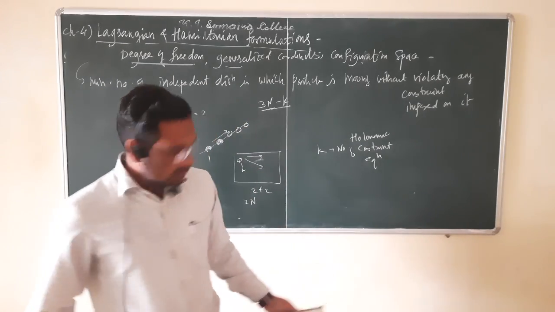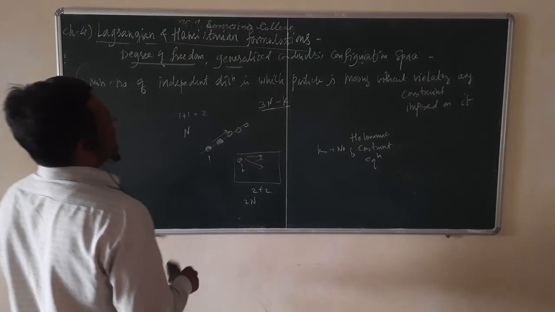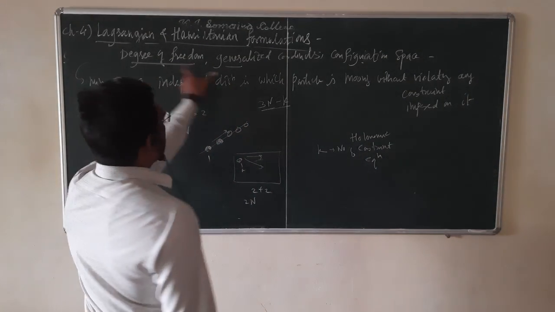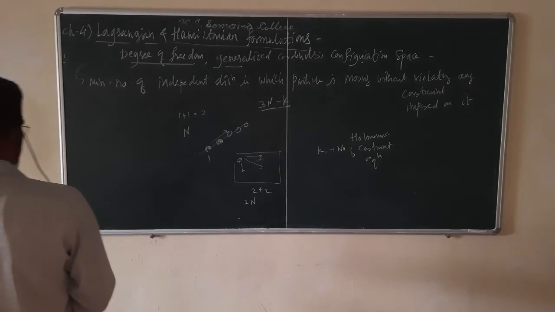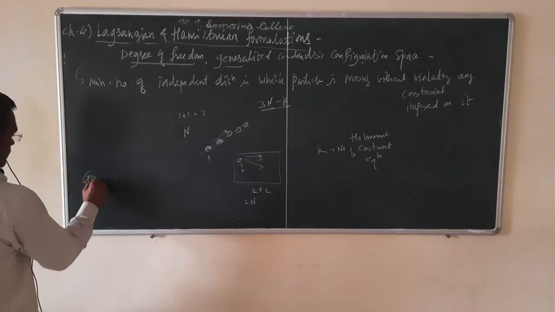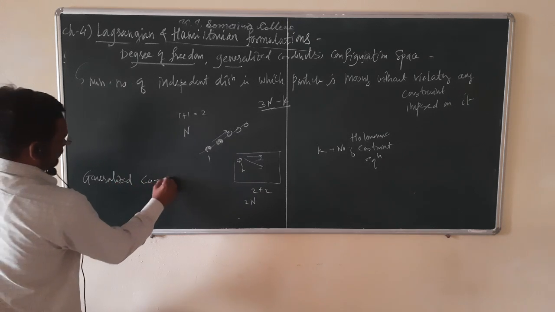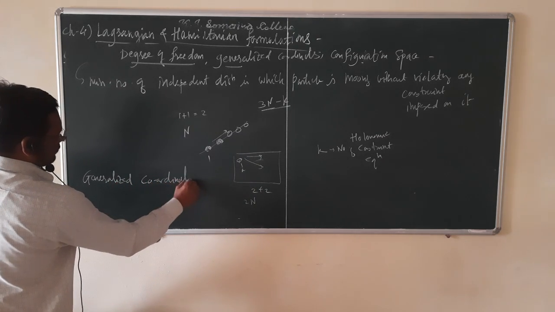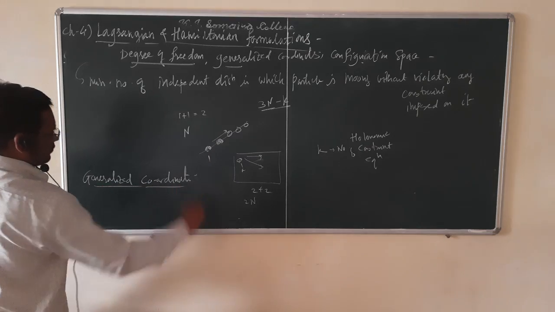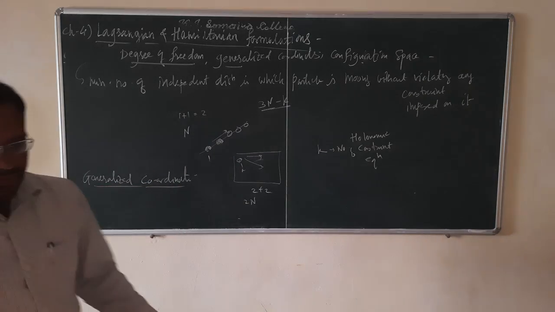Now we are moving to the next point, which is generalized coordinates. So what is meant by generalized coordinate?